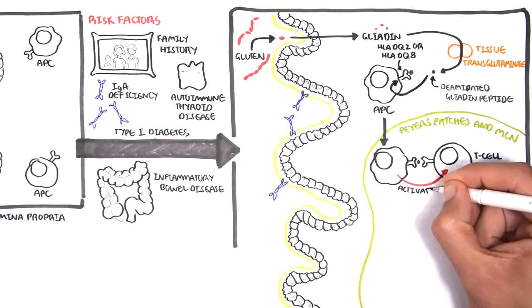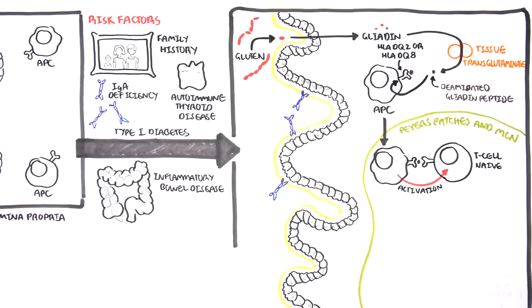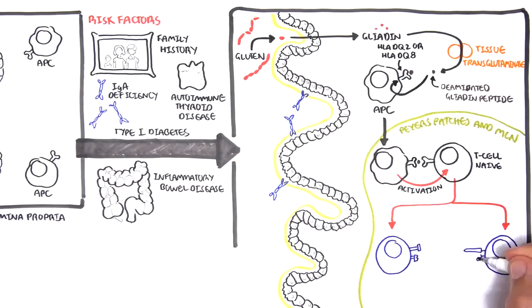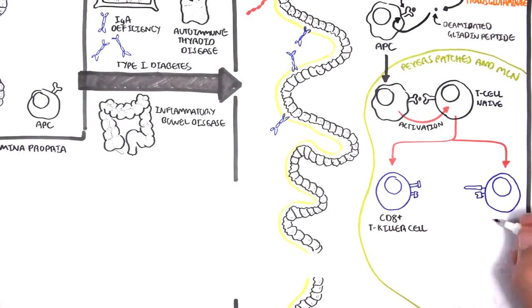This contact will actually activate the naive T cells to become either CD8 T killer cells or CD4 T helper cells, depending on the cytokines, chemicals produced, and all these other things. But just remember that the naive T cells become either a T killer or a T helper cell.